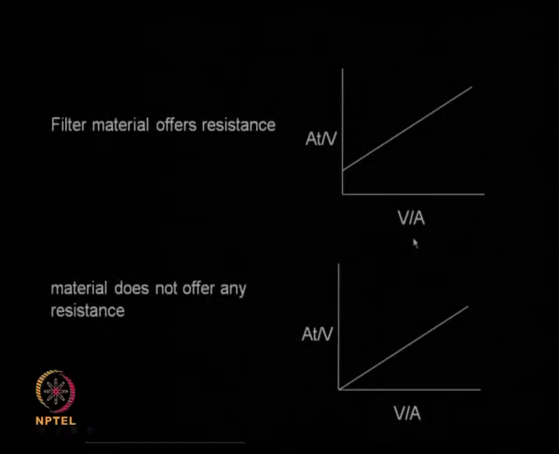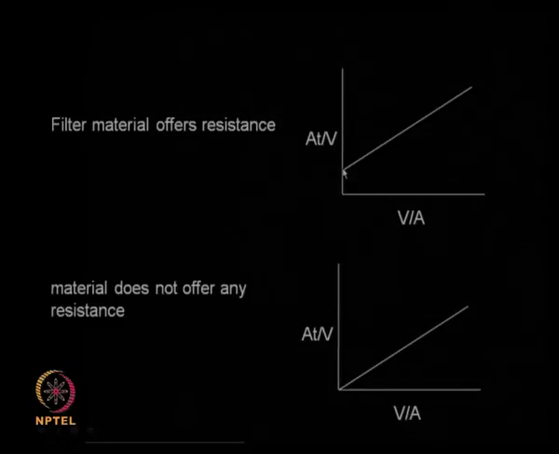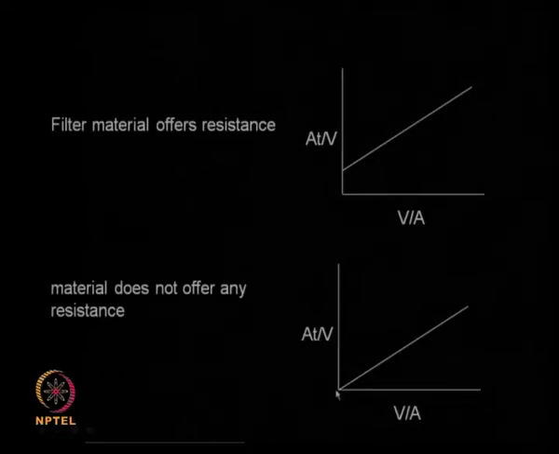C is the intercept which arises because of the resistance offered by your filter medium or filter cloth. When you plot AT by V as a function of V by A, if the resistance offered by the filter cloth is appreciable, you will get an intercept, and if it is practically 0, then the line will pass through the origin.